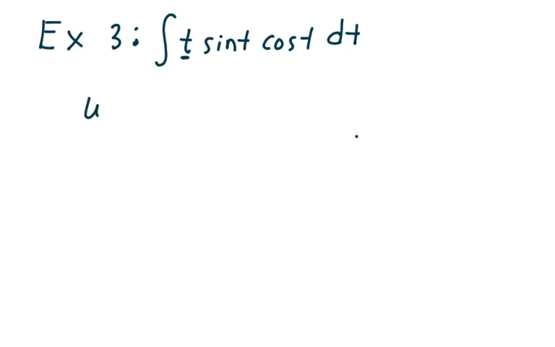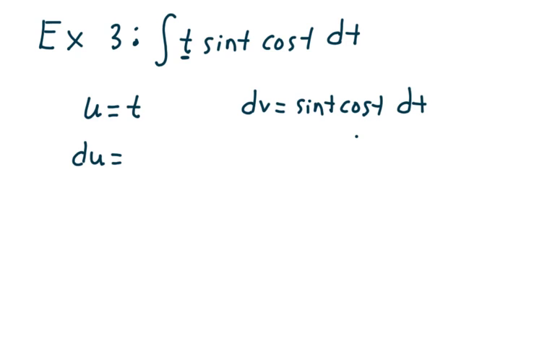And so I'm going to let u be equal to t, and dv is going to be sine of t cosine of t dt. And so du is equal to dt, and v, I hope we don't mind, is going to be 1/2 sine squared t.